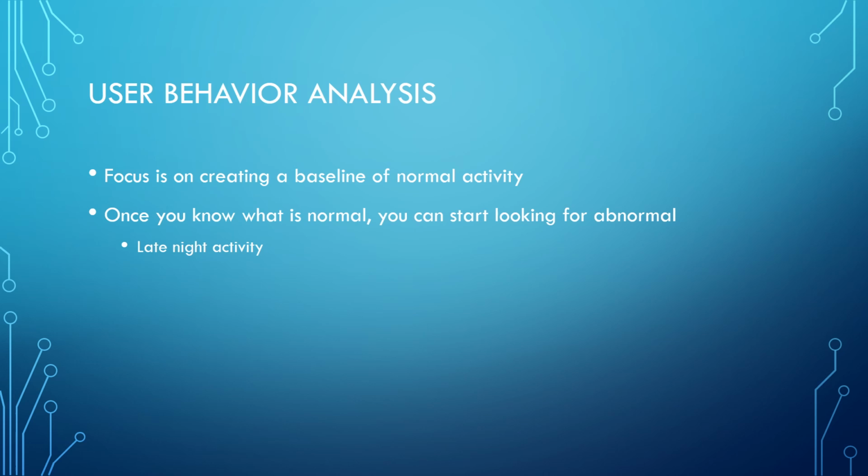Abnormal activity can take numerous forms, such as late night activity for a user logging on, let's say, 1 or 2 o'clock in the morning, when generally that person only logs on between 8 a.m. to 5 p.m. Then you've got activity where a machine is reaching out to an unusual IP or domain, perhaps to a country that there is no reason why activity should be touching, like Russia or China.